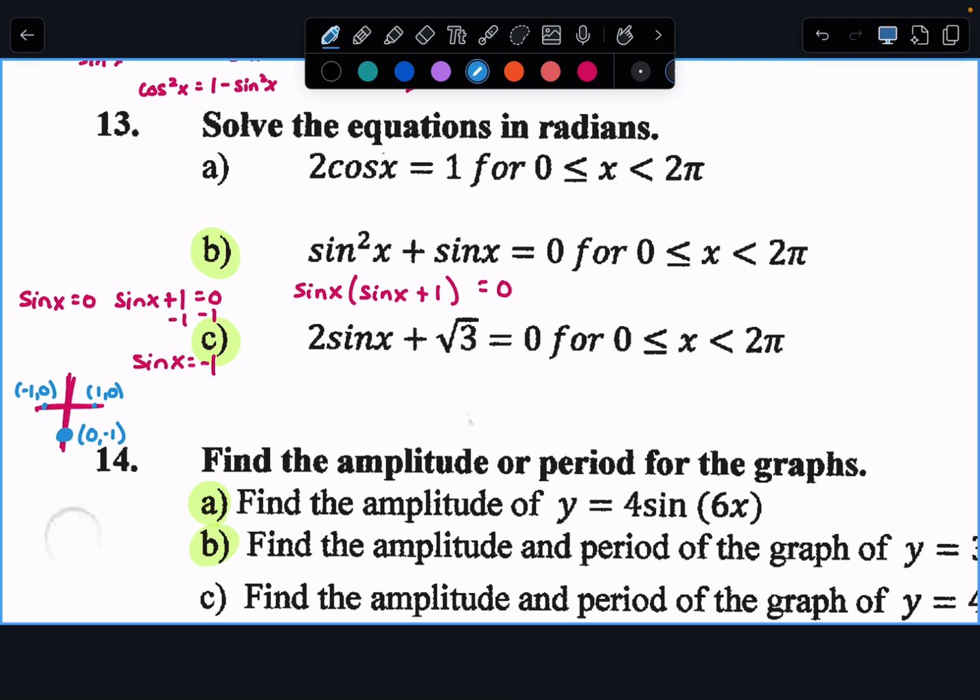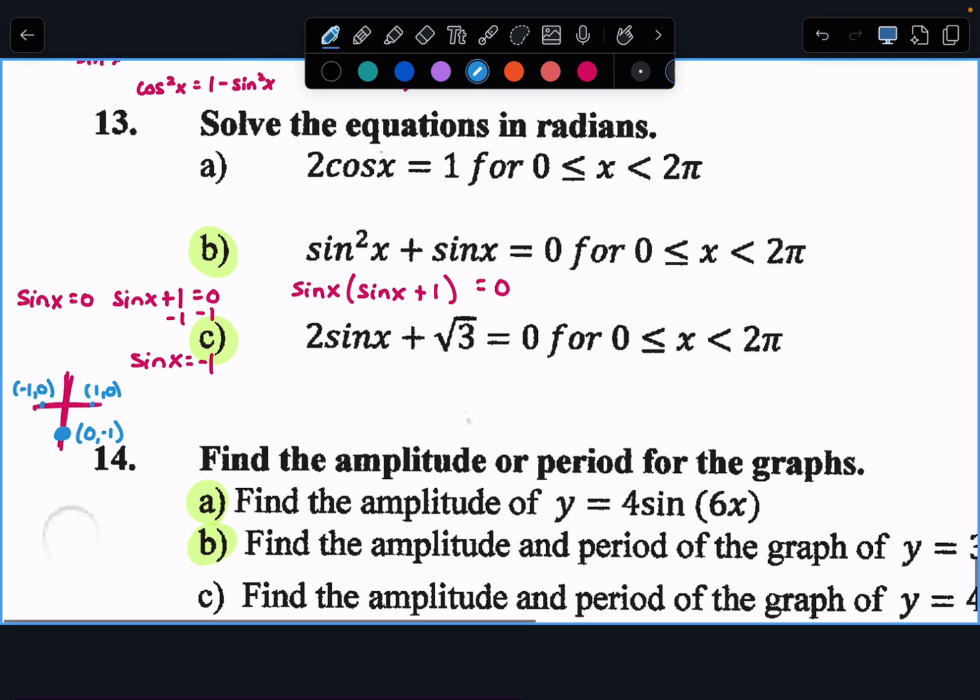That's -1, 0. Both of those y's are 0, right? So your answer would be, for this one, 0 and pi, and then 3 pi over 2. So your answer would look like 0, pi, and 3 pi over 2. Like it'd be 1 in one answer. Like I said, they're very similar, okay?